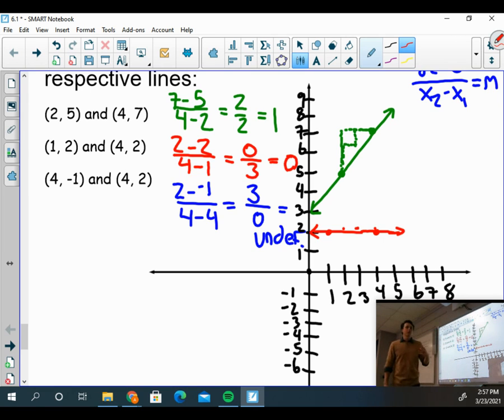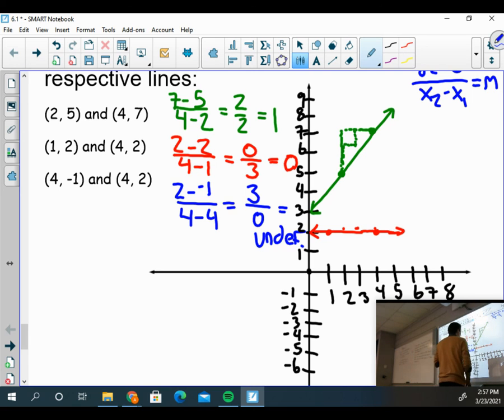And if you try looking at other points that are connected by a horizontal line, you will find that in any case where a horizontal line is present in the graph, there will be a slope of 0. Okay? A slope of 0 means the graph is a horizontal line.